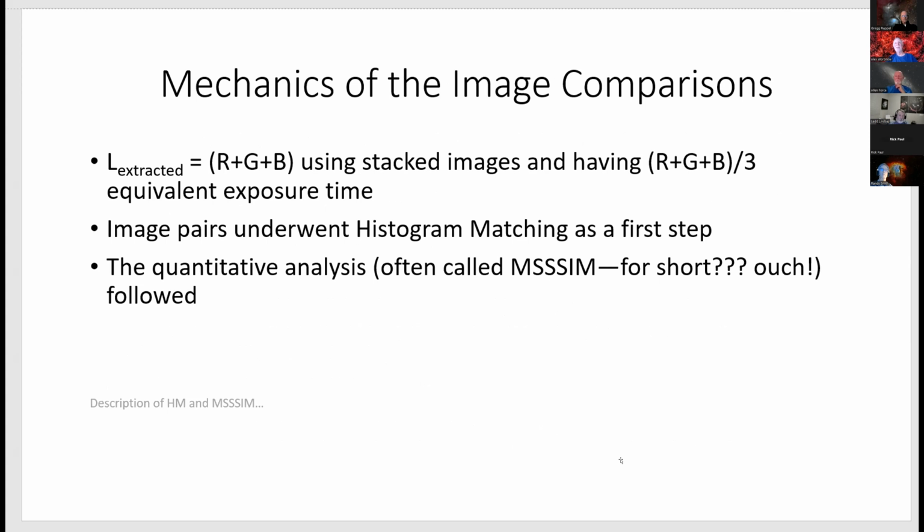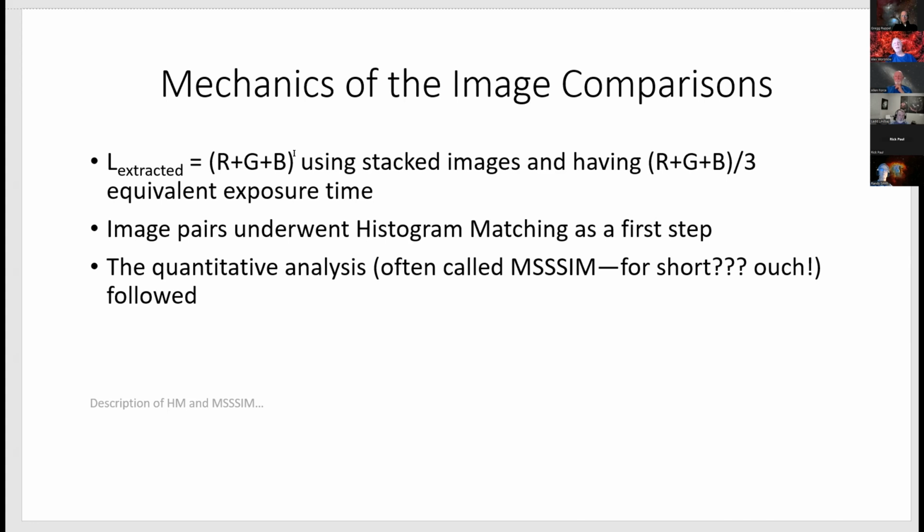So here's what I did. I made an RGB image, and L extracted is simply equal to the sum of R, G and B. You can either do this by adding up every individual sub before stacking them, or you can stack the images and take the RGB. Oh, I'm sorry, the stacked images.